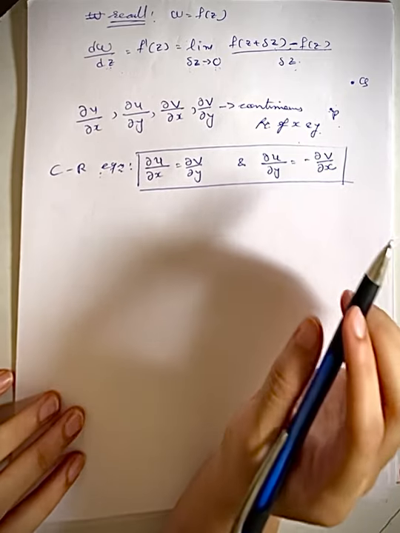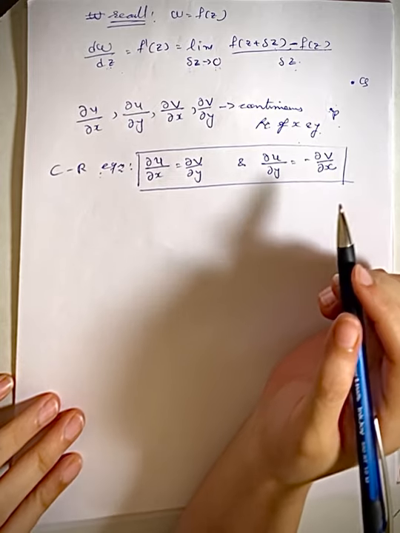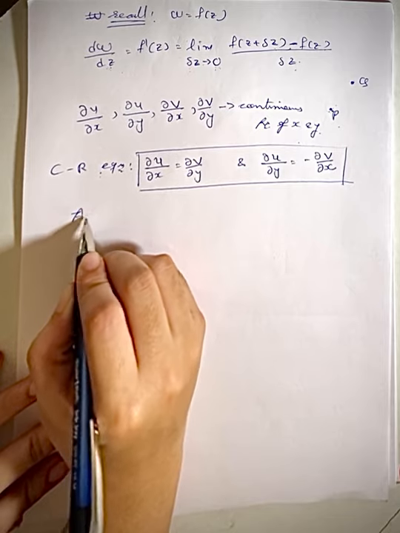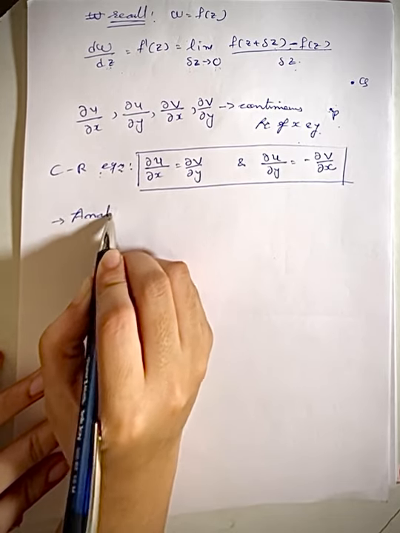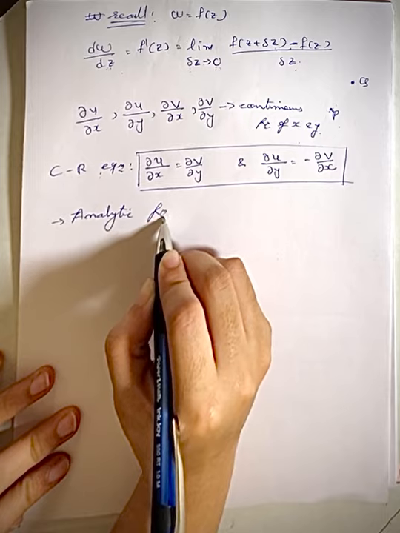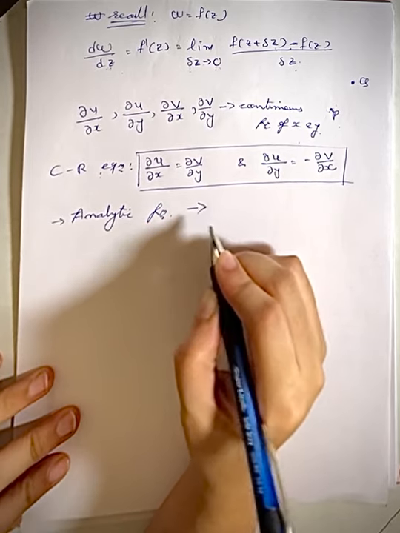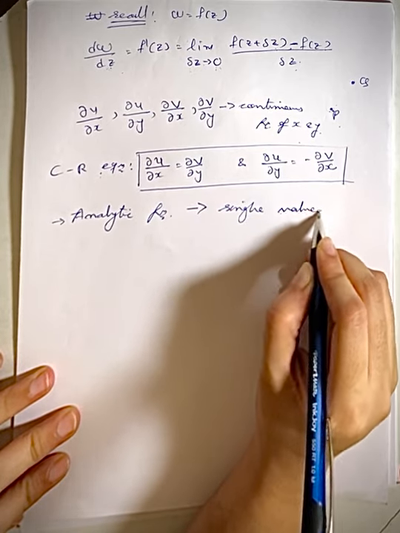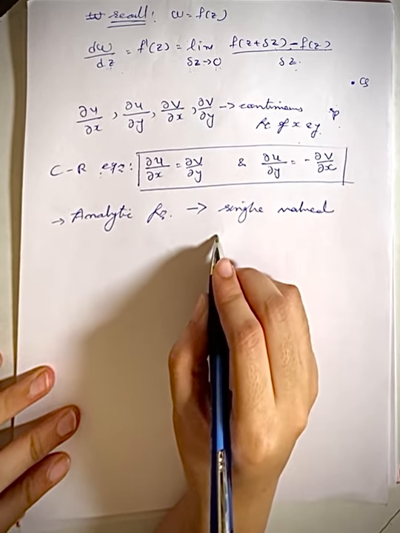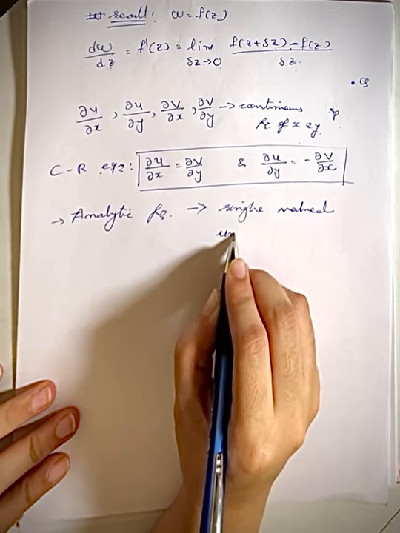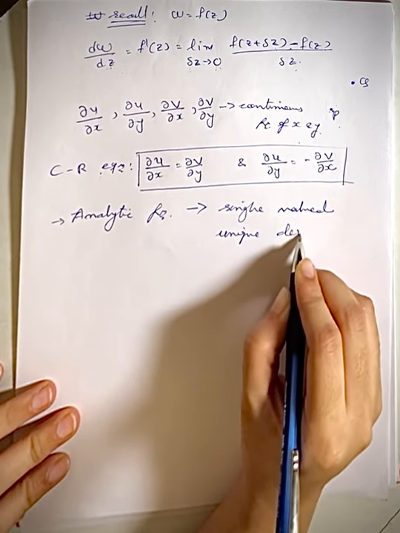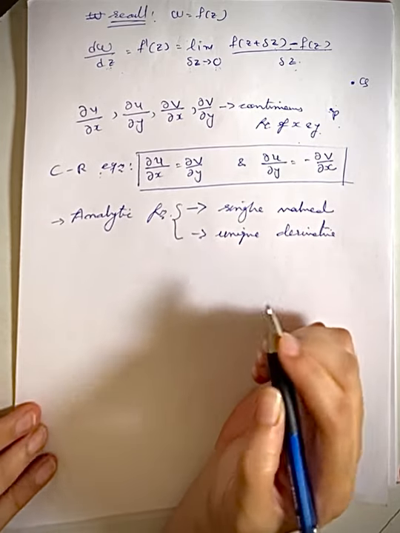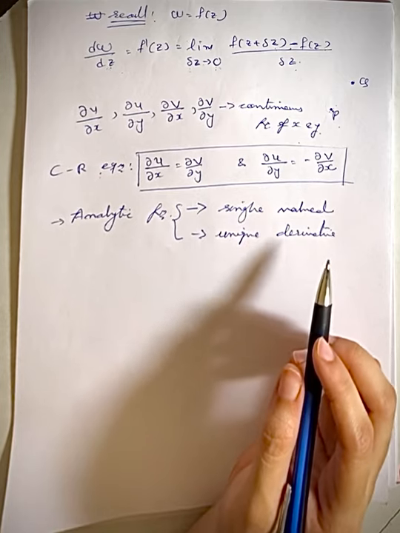From there, we defined the analytic function. An analytic function is a function which is single valued and has a unique derivative. These two were the conditions for any function to be analytic.